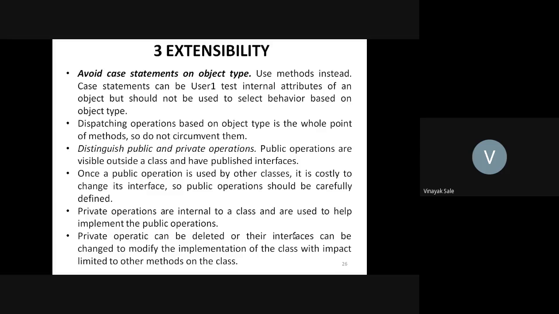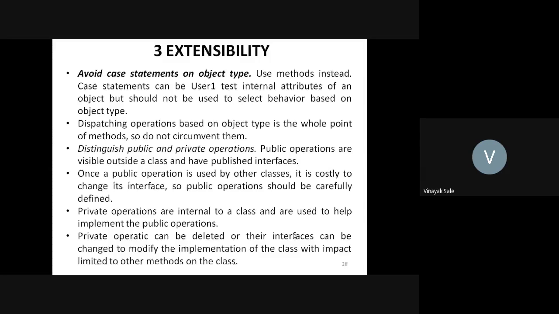Distinguish public and private operations. Public operations are visible outside a class and have published interfaces. Once a public operation is used by other classes, it is costly to change its interface. So public operations should be carefully defined.